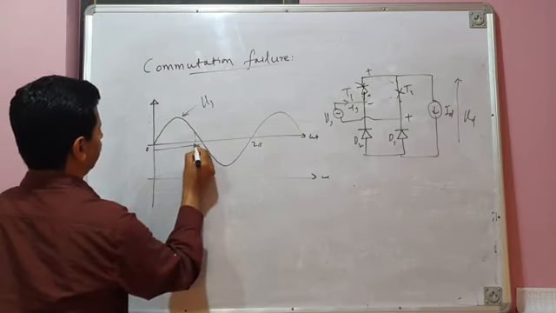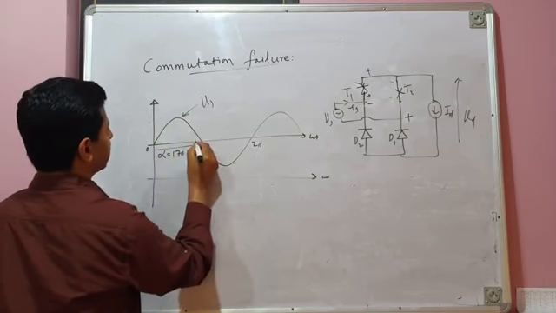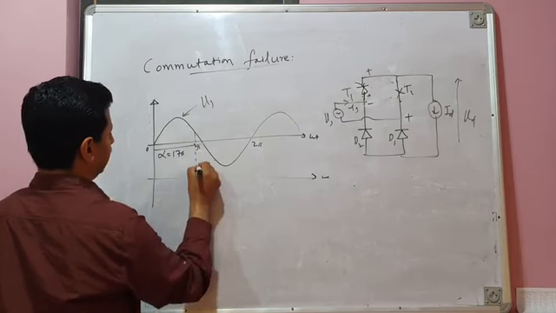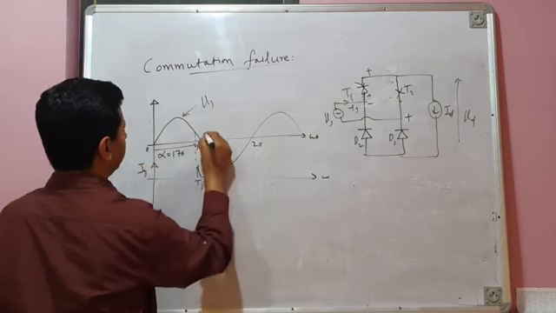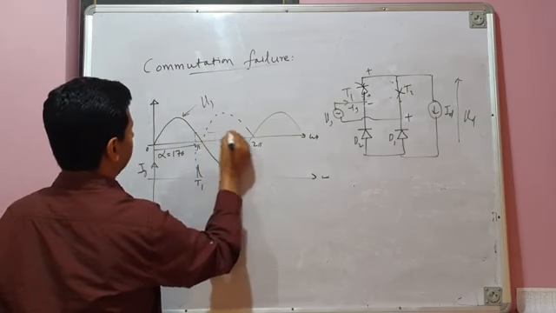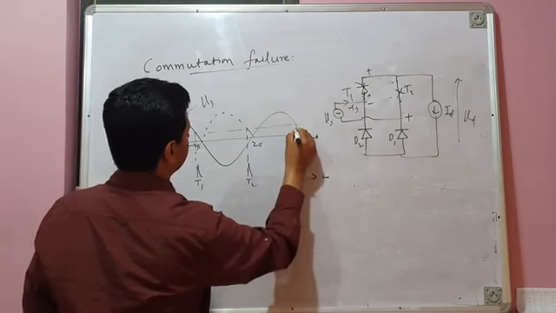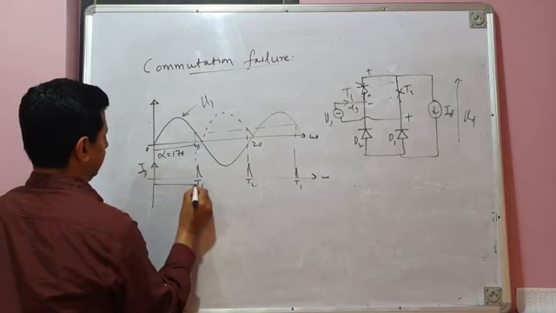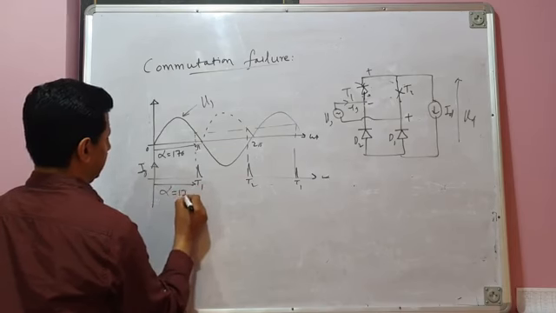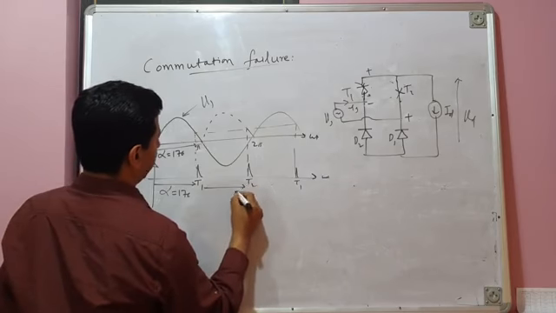Let us assume alpha is 170 degrees. Look at this, this is the firing pulse pattern. Here thyristor T1 is fired, and here thyristor T2 is fired, and then again here thyristor T1 is fired. So this is alpha equal to 170 degrees, and this is pi plus alpha.